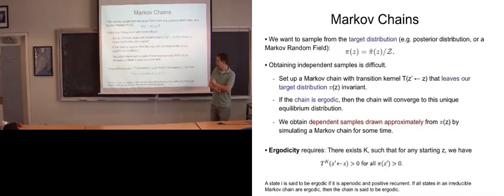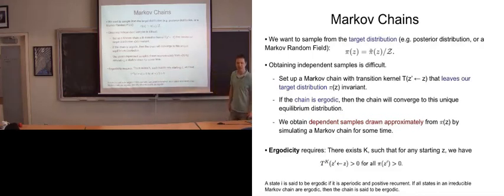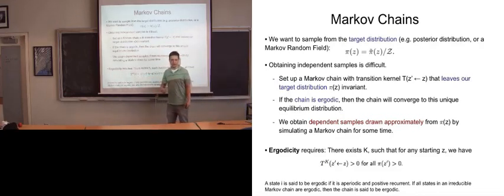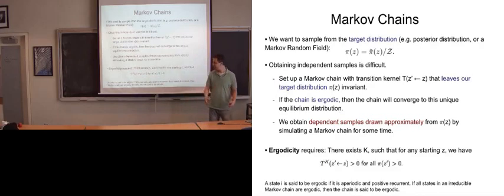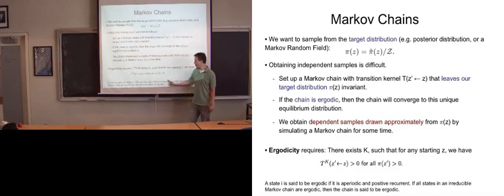Okay? Now, ergodicity. What is ergodic? Well, the definition is that there exists some k such that for any starting state, there is a non-zero probability that we will reach any other state. That's roughly the definition, right? After some number of transition steps, you'll have a non-zero probability of moving into some state z prime for which pi of z prime is non-zero.